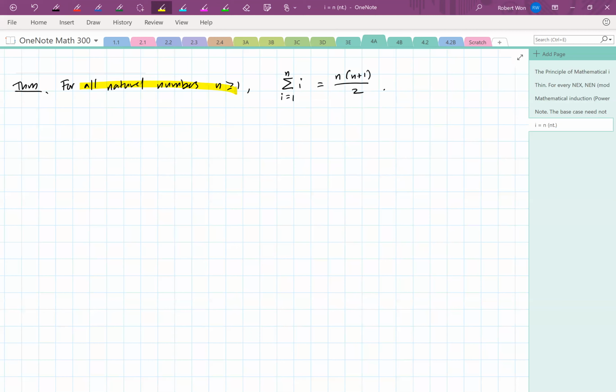Another telltale sign that you want to use induction, when you're trying to write a proof and you're trying an induction, is if the 10th case helps tell you about the 11th case. Because of that inductive step, you're allowed to assume the kth case to prove the k plus first case. So if you're asked to prove a statement about all natural numbers n, and one case seems to tell you something about the next case, that's also a good sign that induction is something to try here.